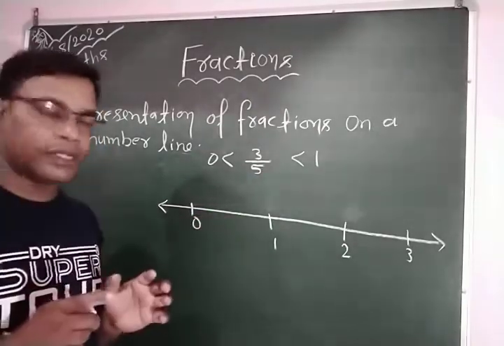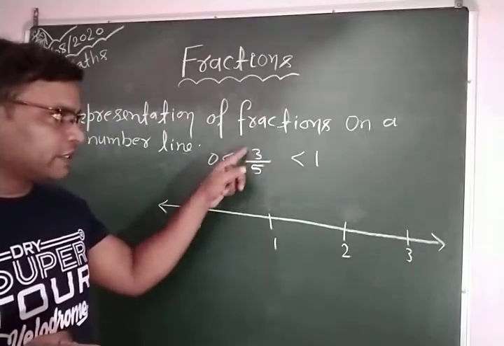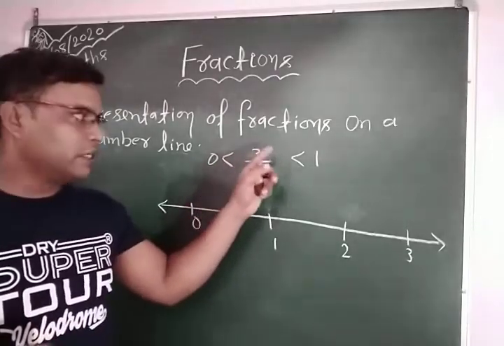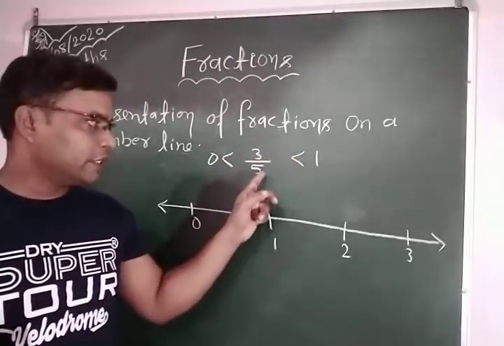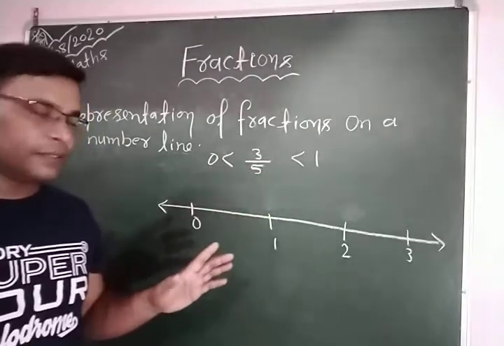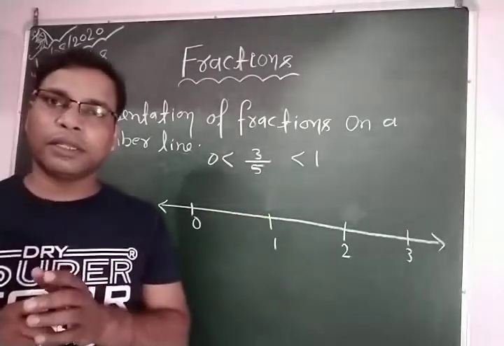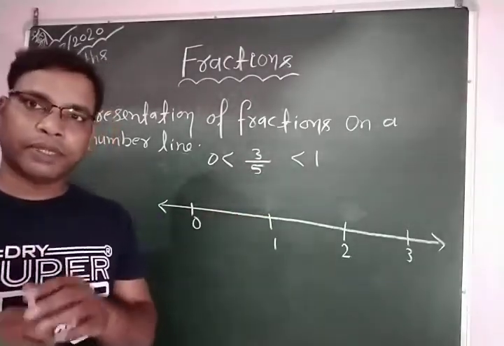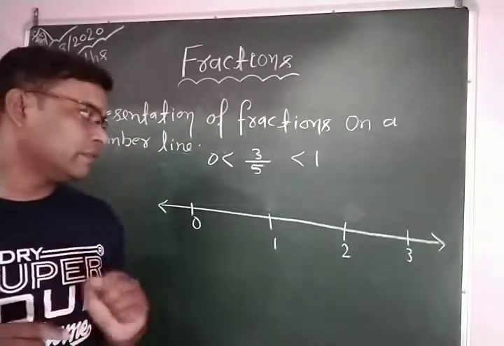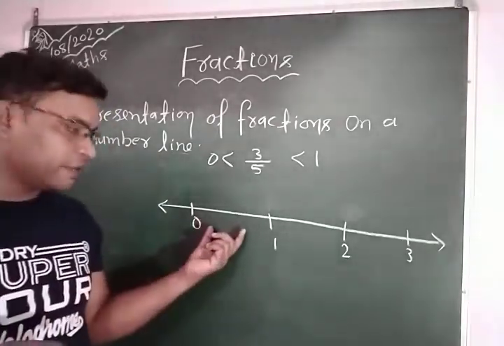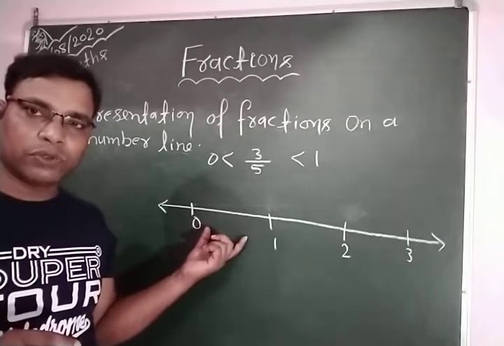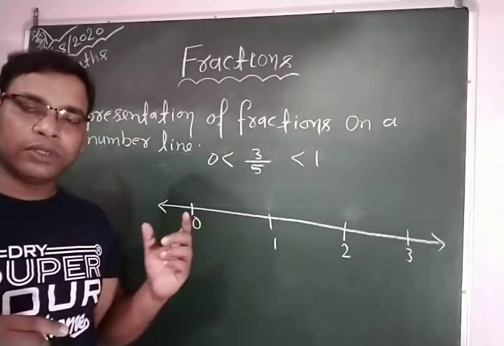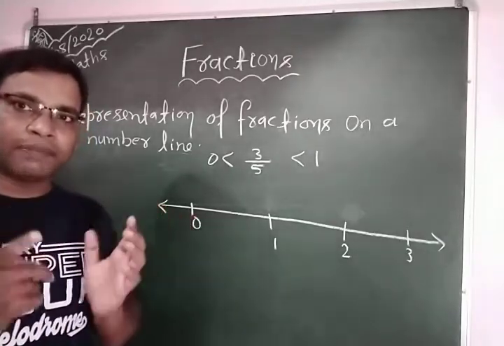In this fraction 3 by 5, the numerator is 3 and the denominator is 5. A fraction is a part of a whole. So we divide the line segment between 0 and 1 into 5 equal parts.